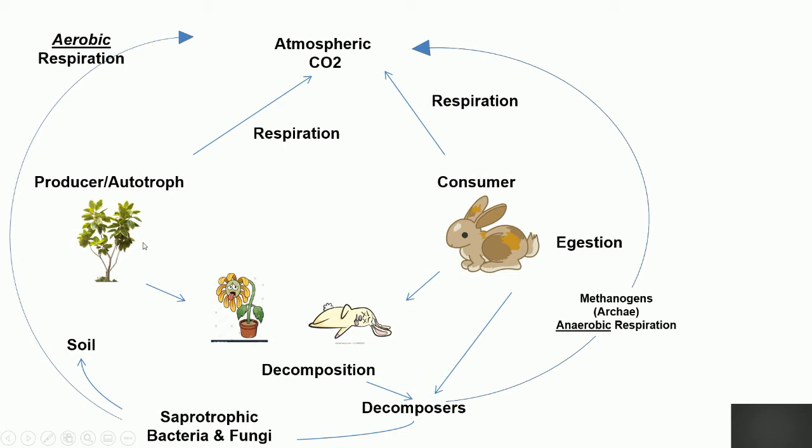It doesn't matter what you are, a plant or an animal or these bacteria, all of them are going to use some form of respiration to break down energy. And when they do that, one of the waste products is CO2, that carbon dioxide, which goes back into the air. So these are all naturally occurring processes that have been happening on this planet for billions of years.